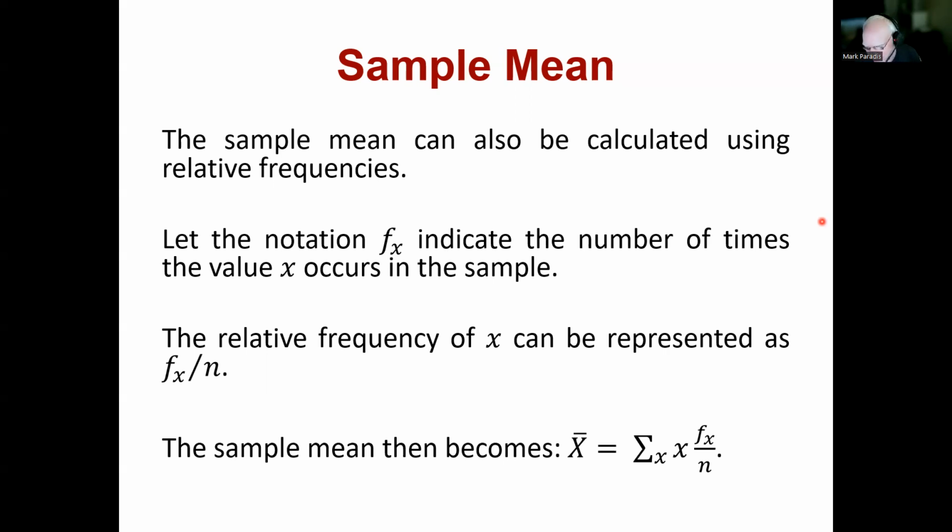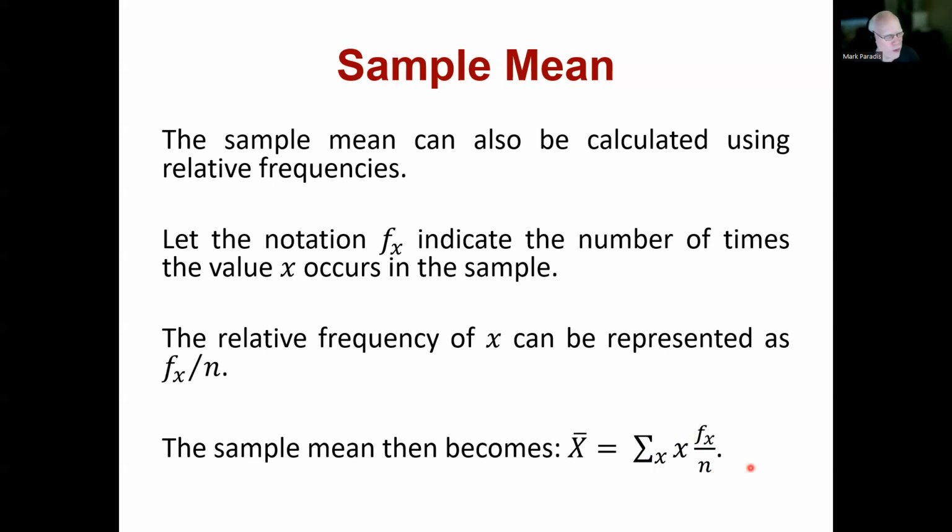So the sample mean is equal to the sum over x of each x times its frequency, divided by n. For each observation, we multiply it by its frequency, we sum that up for all the different observations, and then we divide by the sample size.